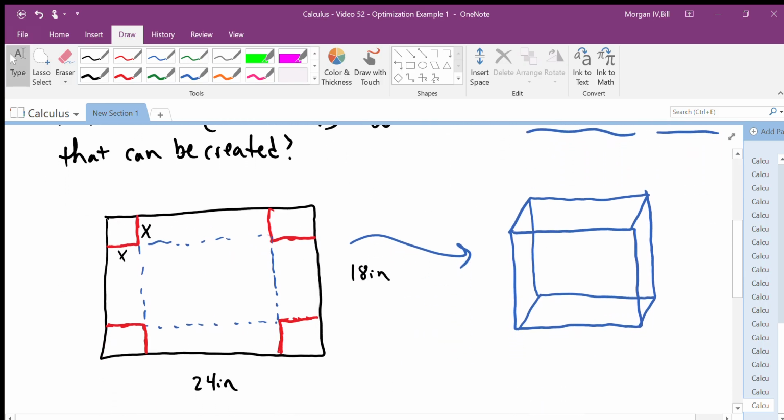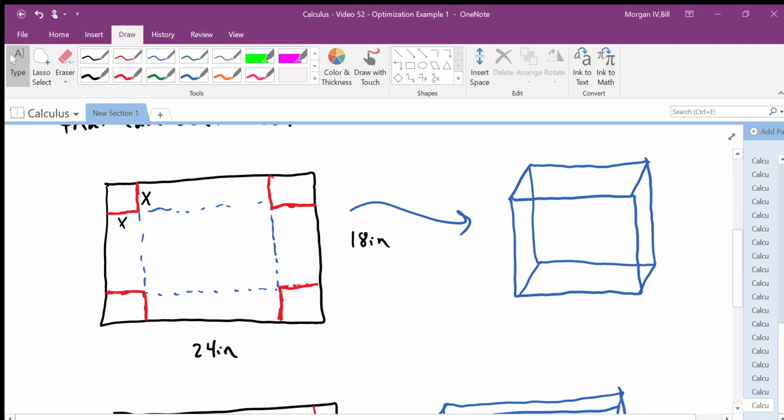So if I have this box here, what would be the equation of a volume? Volume for a rectangular box is length times width times height. Right? You ever draw these boxes in 3D and then they kind of go away?